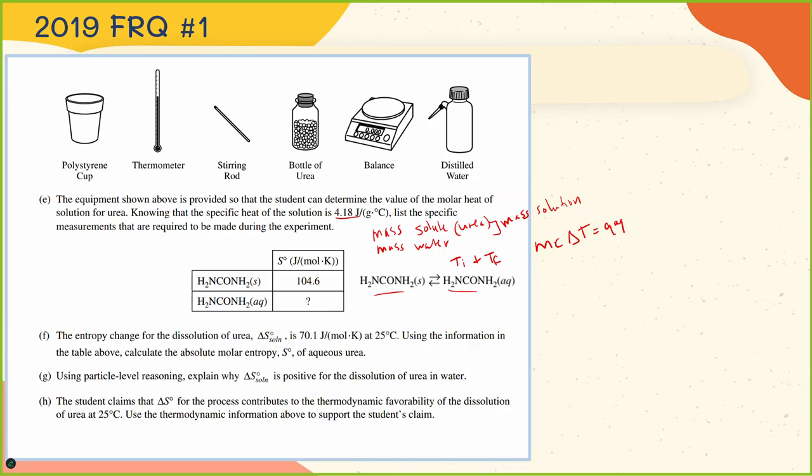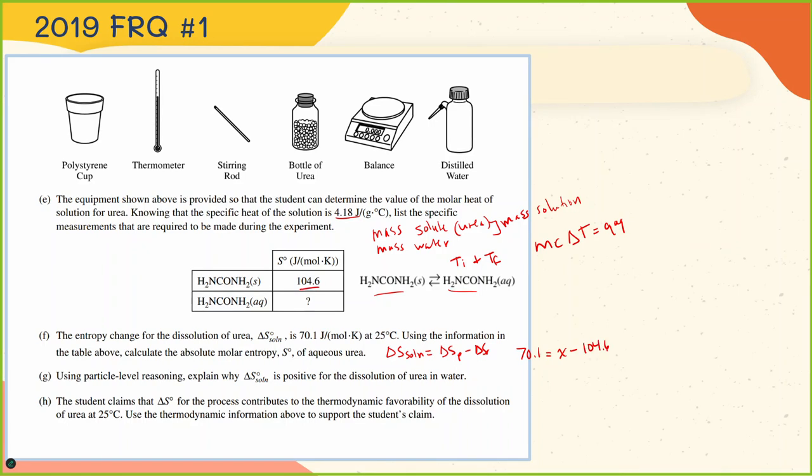So basically, it's just delta S of solution is going to be S products minus S reactant. Let me put the S in there too. So then we know this is 70.1 for the solution. We don't know the product, so that's the one we're looking for, minus our solid to begin with.